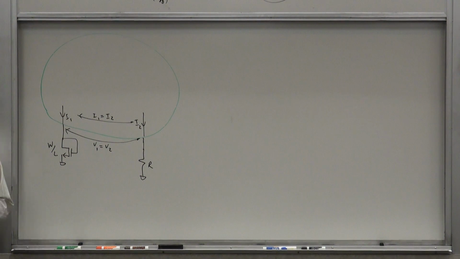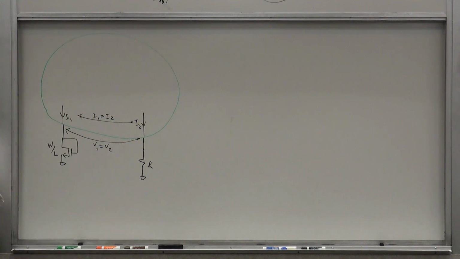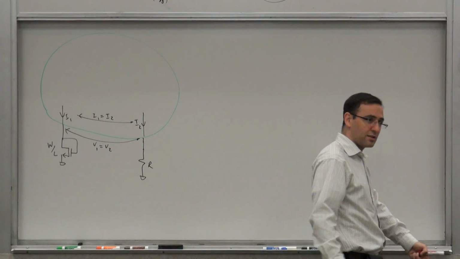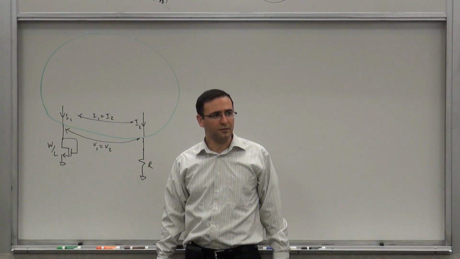It's some sort of a current mirror, but it's more than a regular current mirror because it also forces these two voltages to be equal. The regular current mirror doesn't do that. So I call this a floating mirror, a mirror that can float in terms of voltage. So it maintains the two currents equal, but also forces these two voltages to be equal. How can I make that?